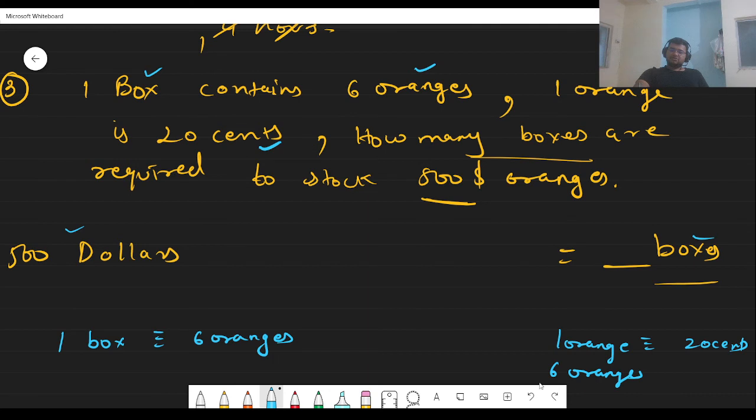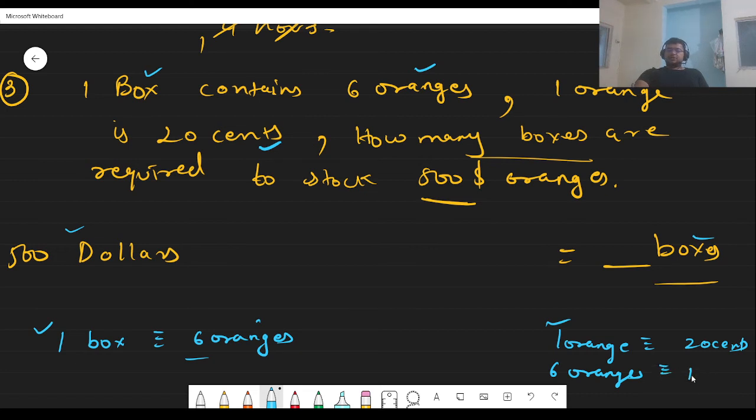What I'm basically doing is connecting these conversion factors. The common link is orange, but the numbers are different. Here it is 6 oranges, here it is 1 orange. So I can change this to 6 oranges, which corresponds to how many cents?